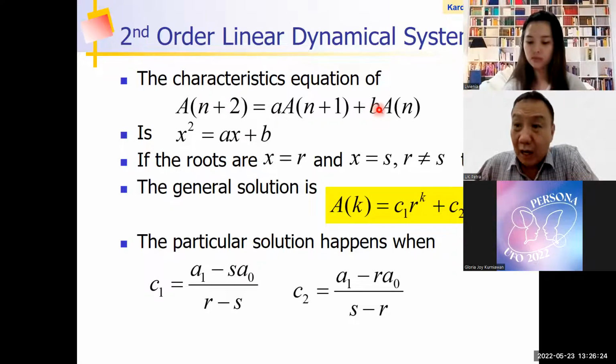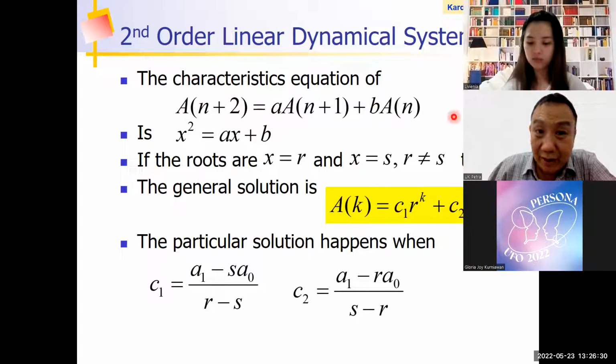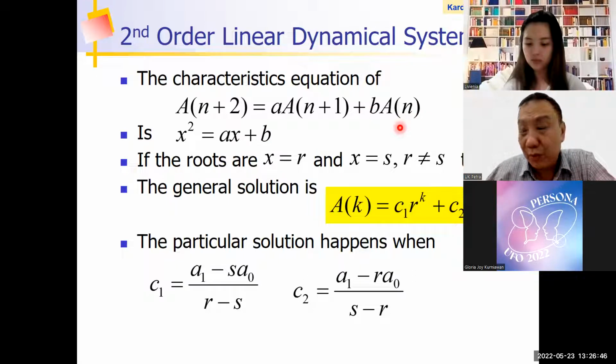So how to solve this equation? Easy. If you have an equation like this, you put this as x squared, a remains a, An plus 1 becomes x, and b remains b. So the An you just remove. Is this clear or not? That's the trick to solve.